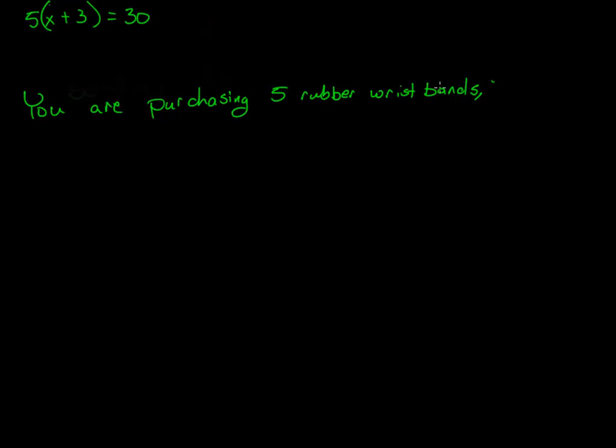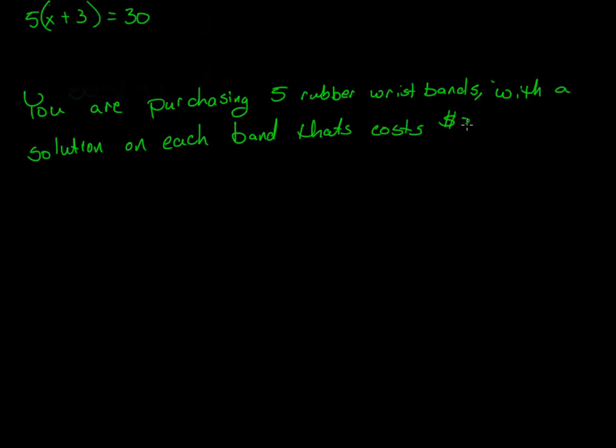You're going to purchase 5 rubber wristbands with a solution on each band that costs $3. Now, your total price was $30.